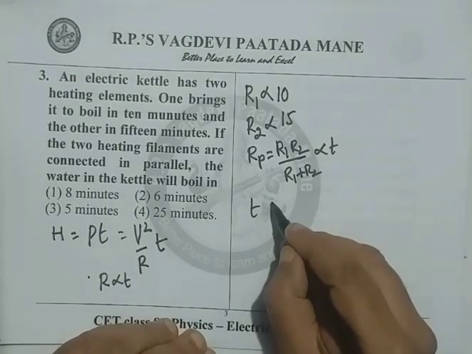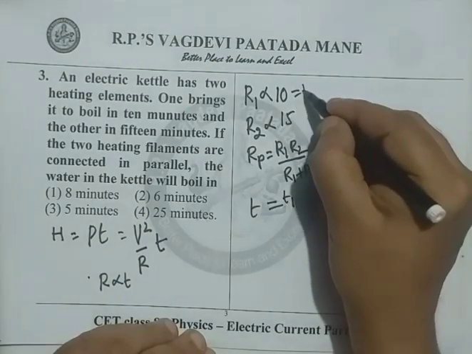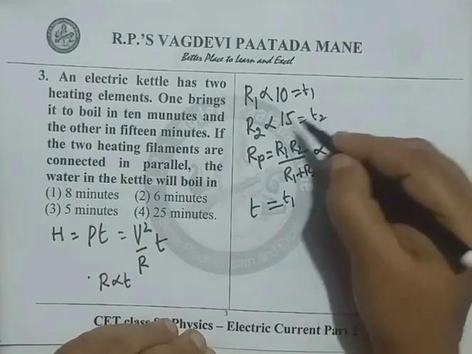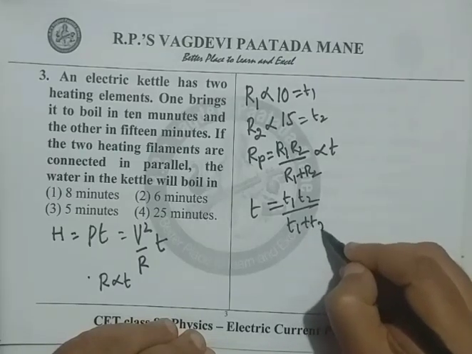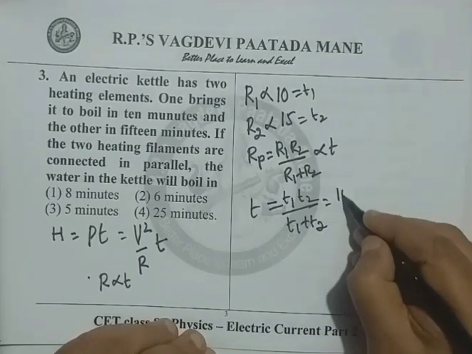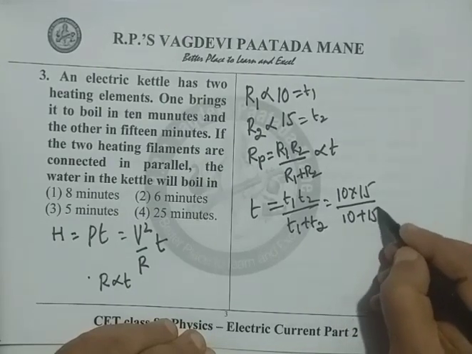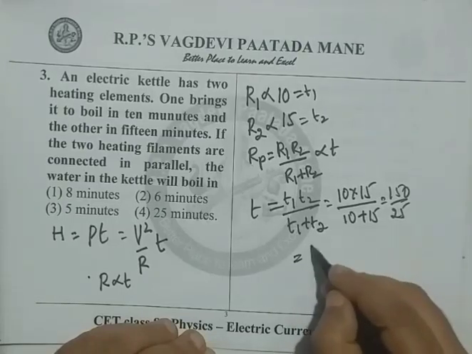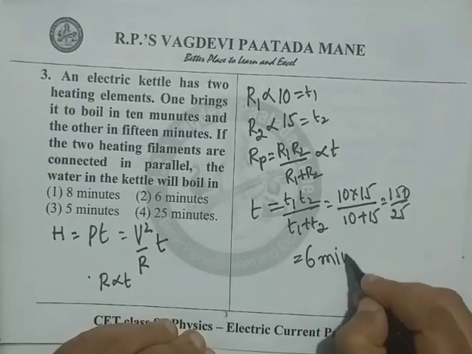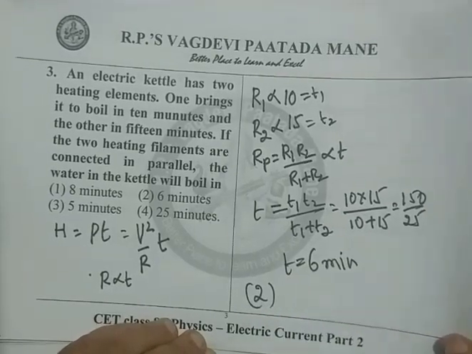Therefore, T is equal to T1 T2 by T1 plus T2, with T1 as 10 minutes and T2 as 15 minutes. That is 10 into 15 by 10 plus 15, that is 150 by 25, which amounts to 6 minutes. Therefore, option 2 is correct.